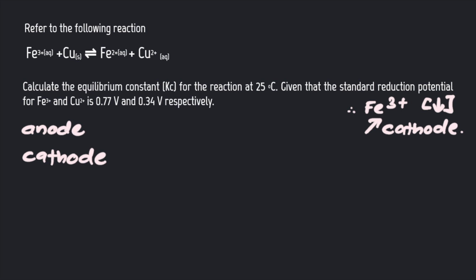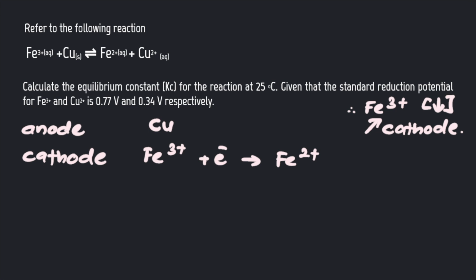So cathode, we know that it should be Fe3+ because it undergoes reduction. So Fe3+ will have this one electron and turn into Fe2+. So you're left with copper, which will undergo oxidation.